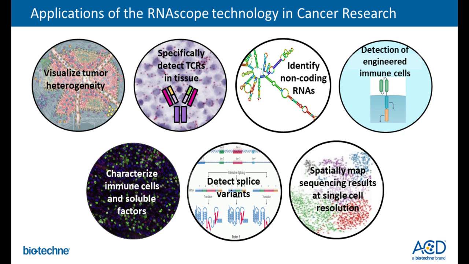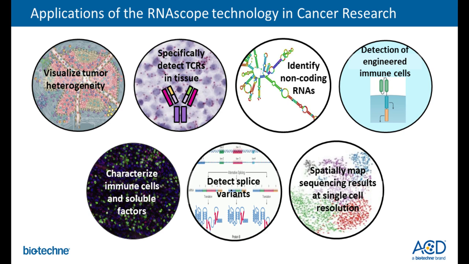Then to specifically detect TCRs, to identify specific CDR3 regions and identify clonal T cells, to detect splice variants, which can be pretty significant in cancer research, as certain splice variants are known to promote cancer growth and metastasis.